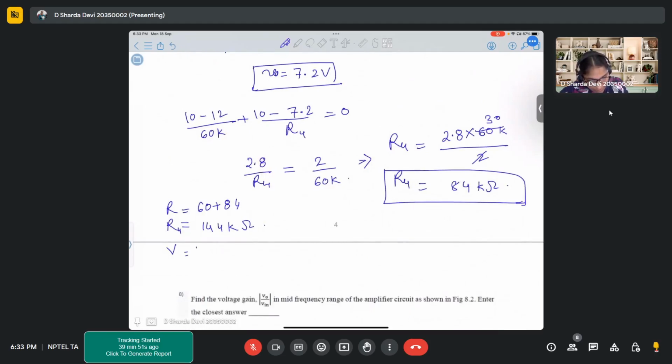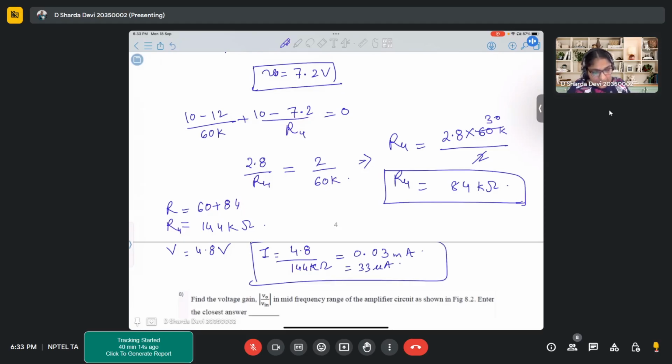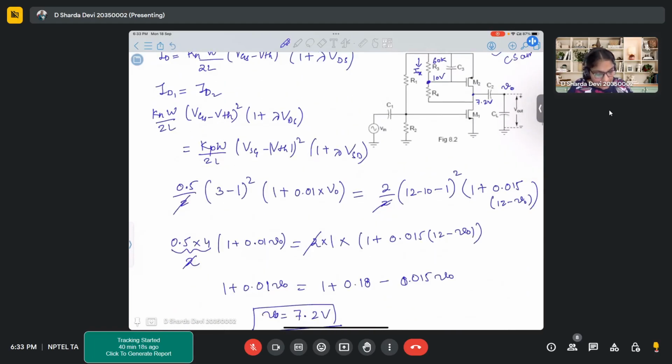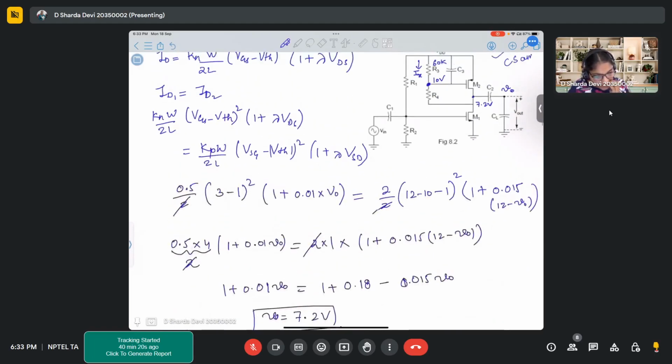So V is 4.8 volts. So the current that we are actually getting is 0.033 milliamperes, or 33 microamperes. And how much is the current that we are getting for these?